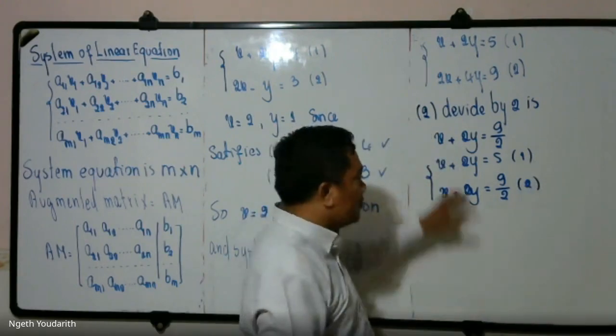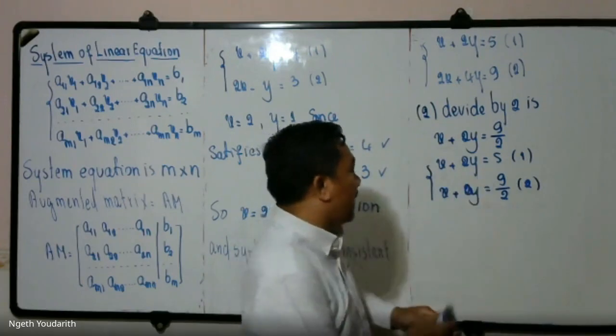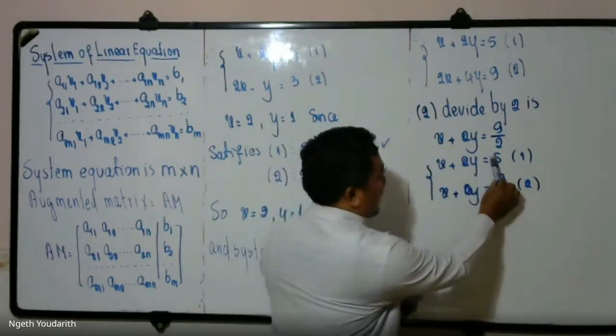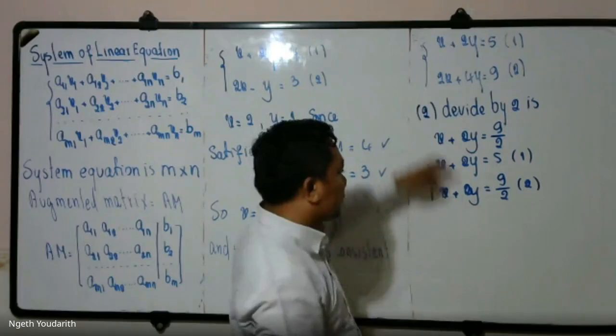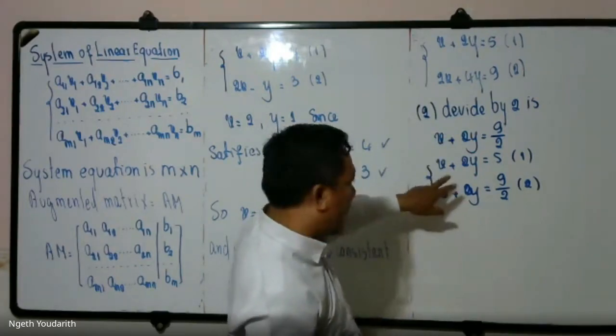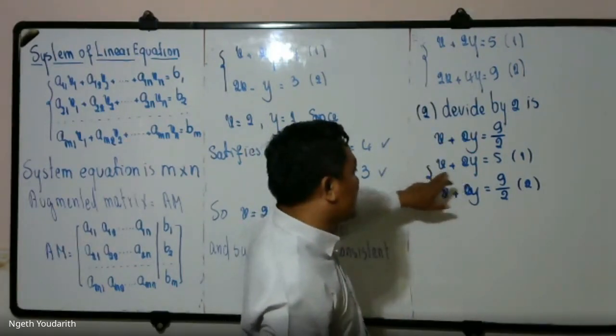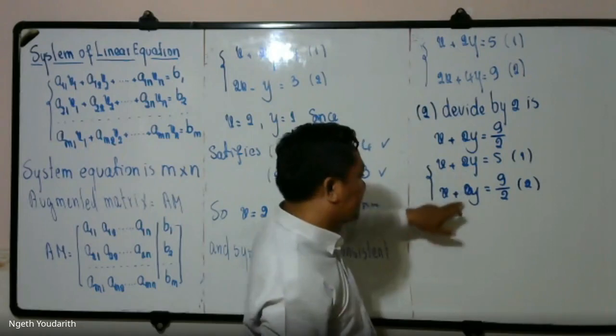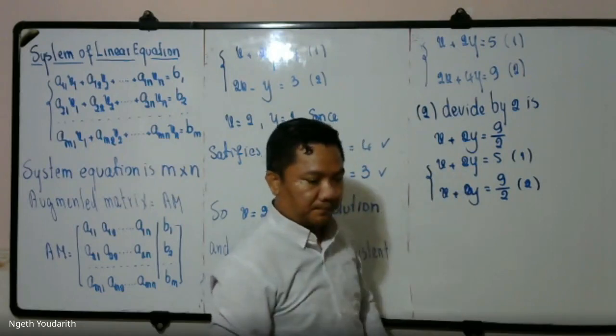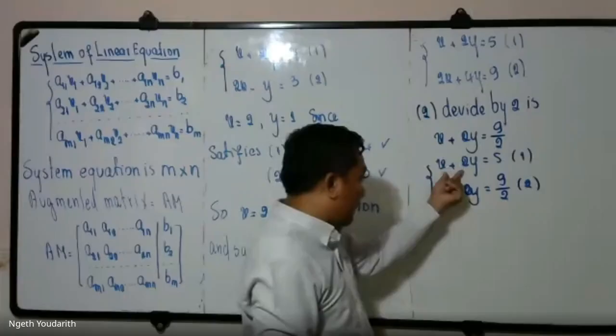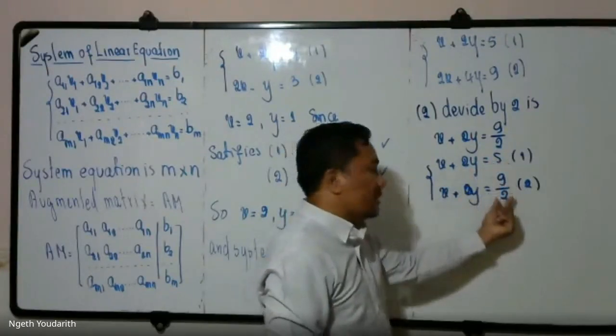So what do you think? Don't mind the right hand side; only look at the left hand side. Is it the same equation or not? The same. But is the result the same or not? Different.